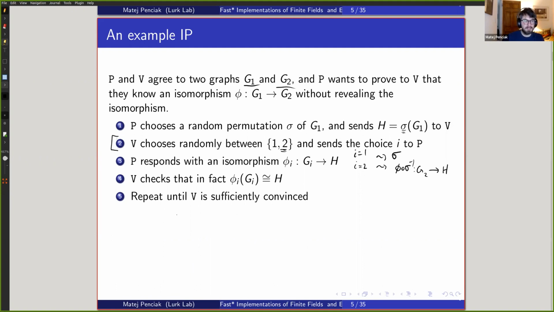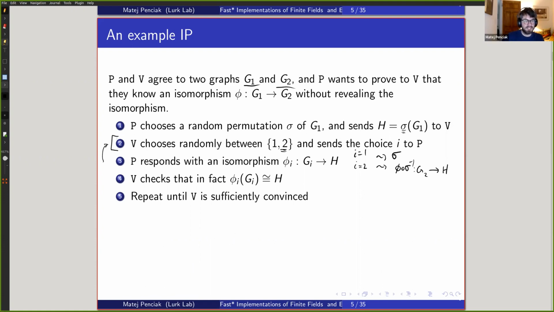So there's kind of a 50-50 chance at step 2 that the verifier has actually chosen the same graph that the prover has sent a permutation of.